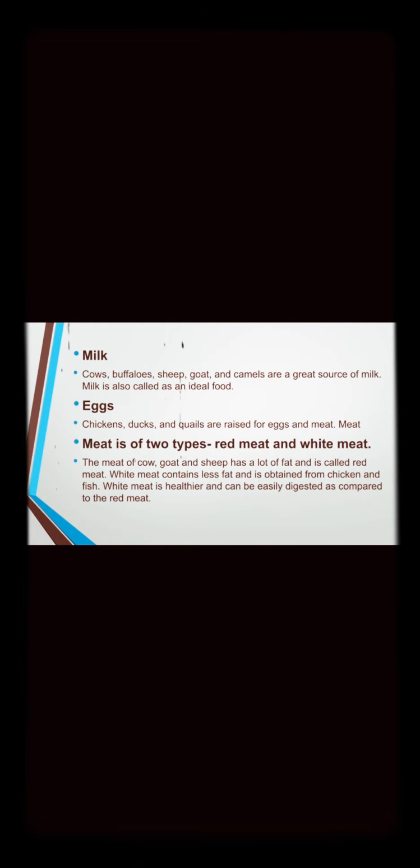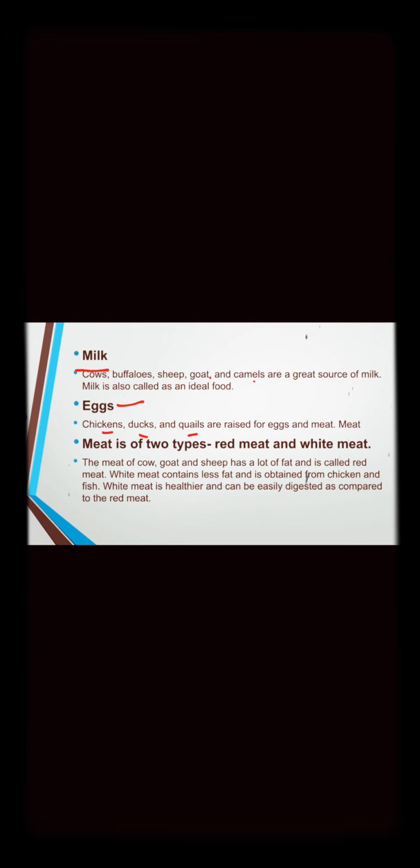Now, let's discuss the food that we get from animals. Animal products are used as food directly or indirectly. Milk, eggs, and meat are important examples of food from animals. Milk, we get from cow, buffalo, sheep, goats, and camels. Eggs, we get from chicken, ducks, and quails, and we eat their meat as well.